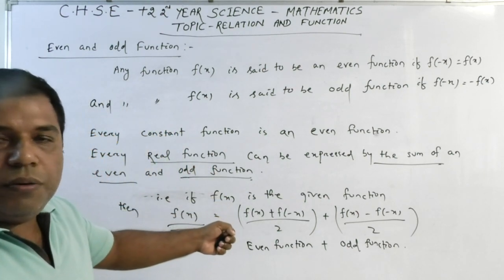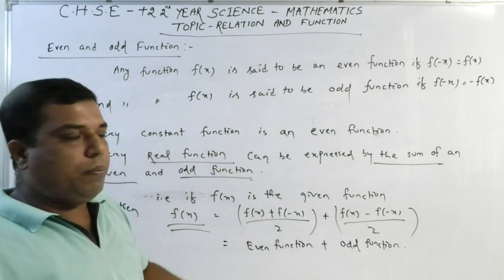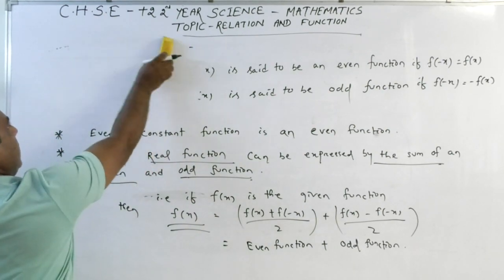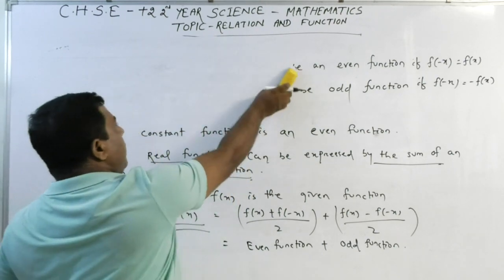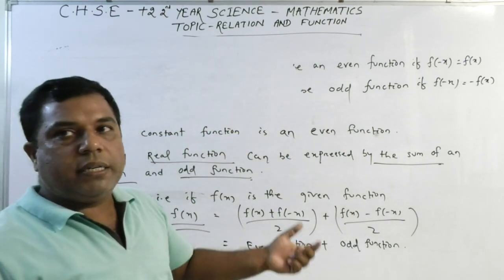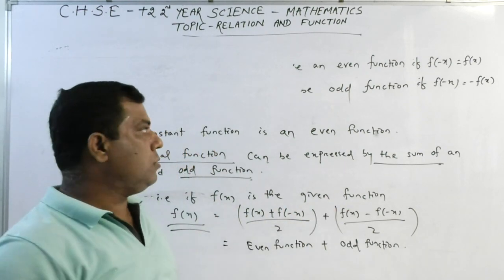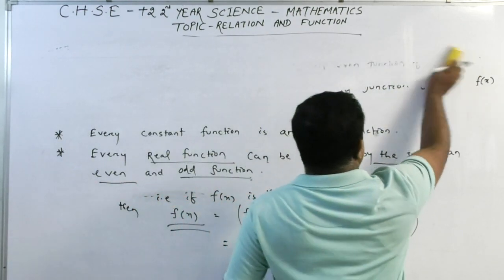For clarity, let us take an example. Sometimes we get questions like this: convert it or represent it by the sum of an even and odd function. So let us take an example.